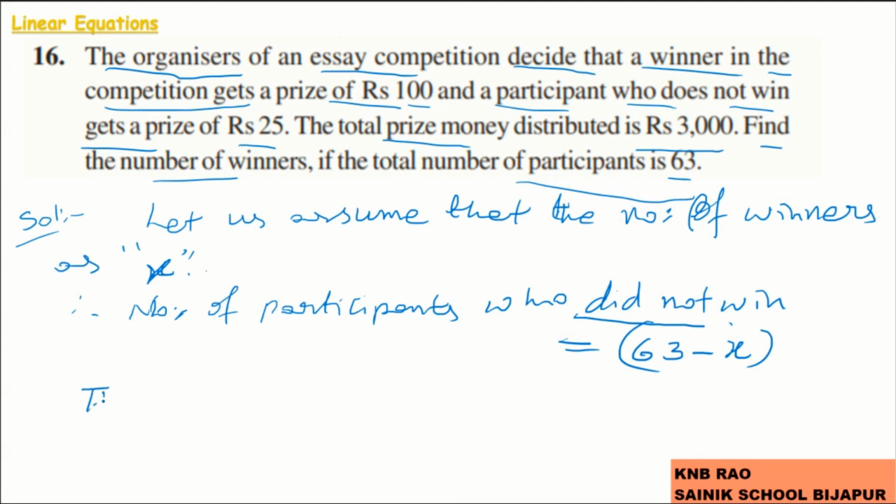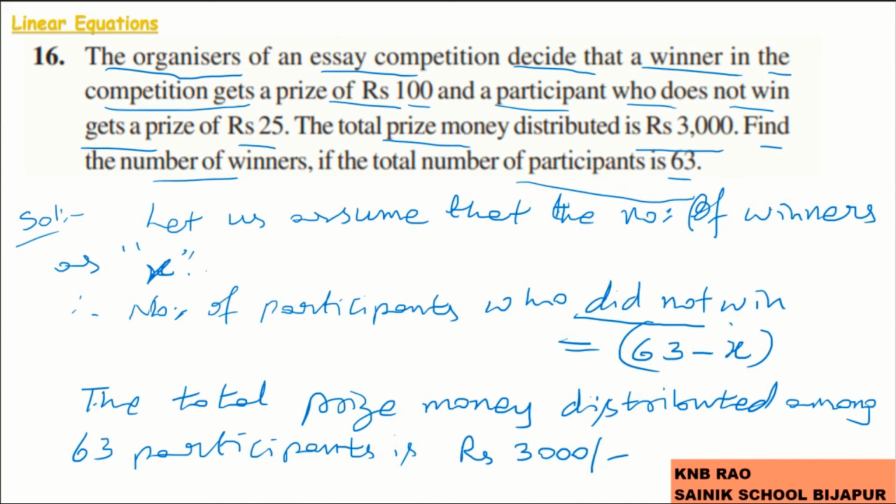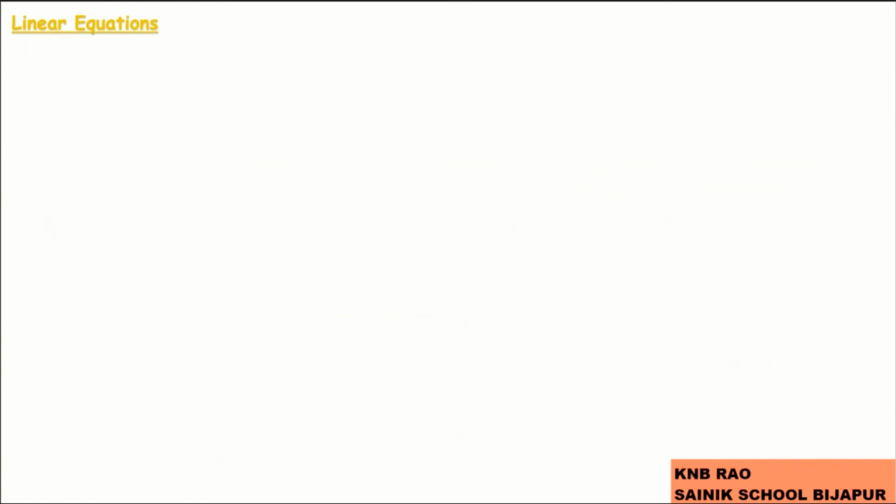Now the total prize money distributed among 63 participants is rupees 3000, which means we have 100 rupees given to winners X, to each winner, gives me the money distributed among winners.